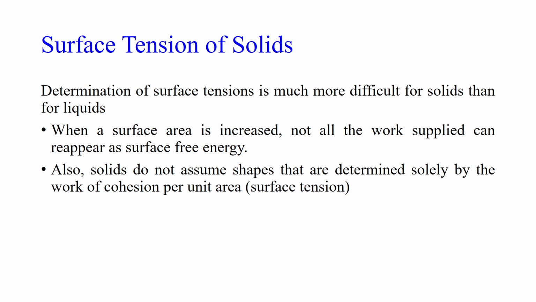But here, when the surface area is increased, whatever work is supplied does not appear as surface free energy. This happens because of the properties of the solid: first, it is rigid, and second, its elasticity.